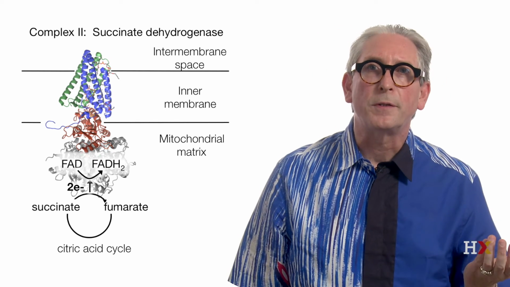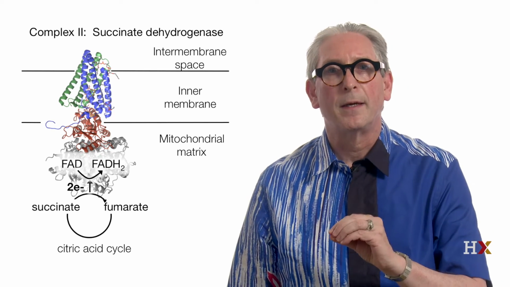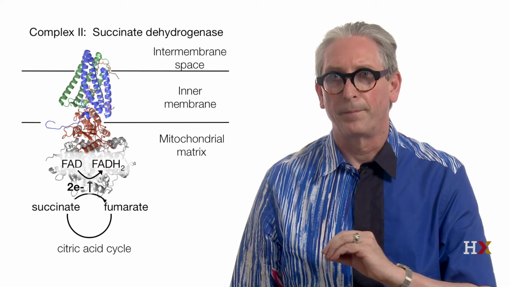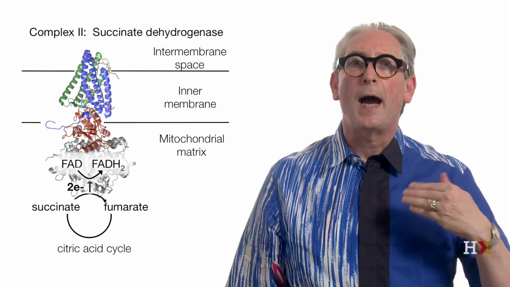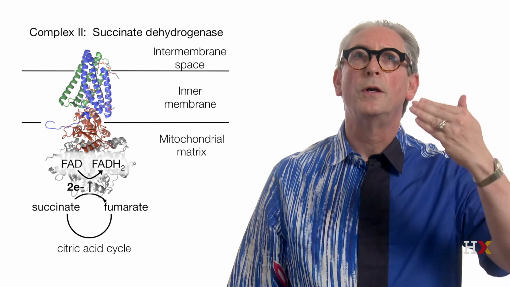Complex 2 is very important because it allows the direct coupling of the citric acid cycle with oxidative phosphorylation. So let's try to figure out how complex 2 transfers its electrons from FADH2 to coenzyme Q.